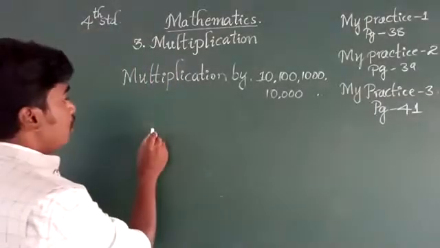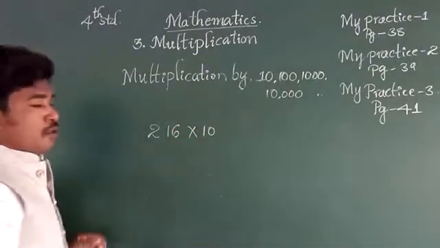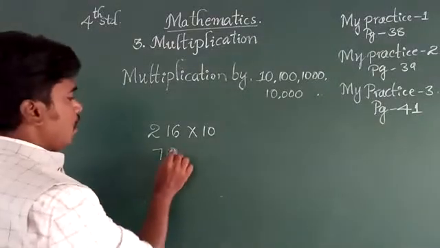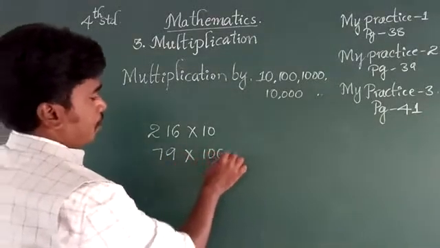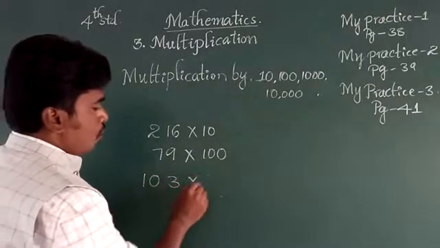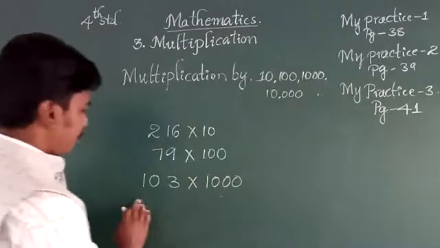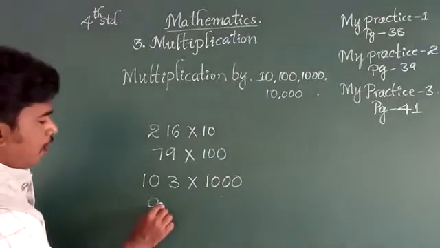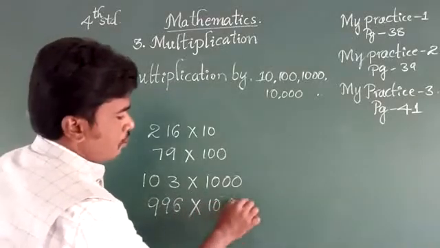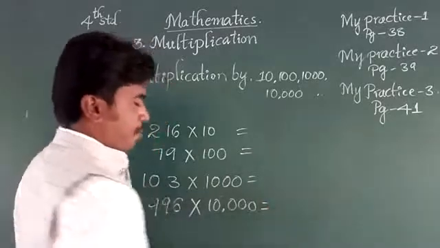I am going to take a few examples: 216 into 10, 79 into 100, 103 into 1000, and 996 into 10,000.